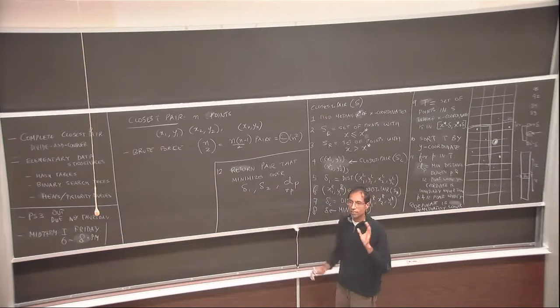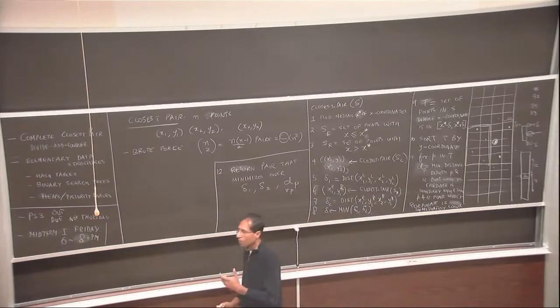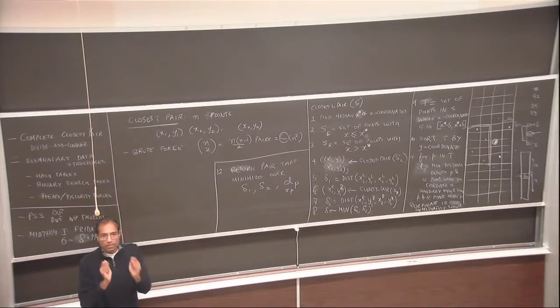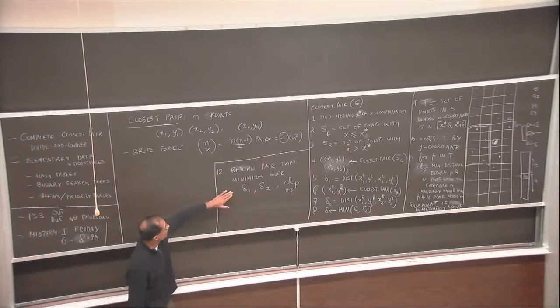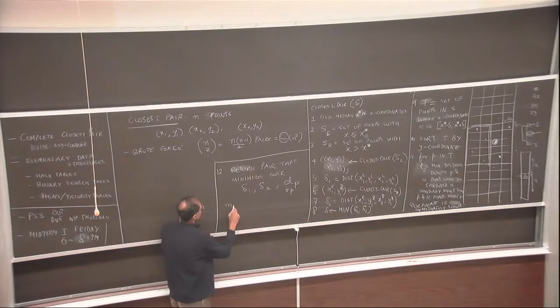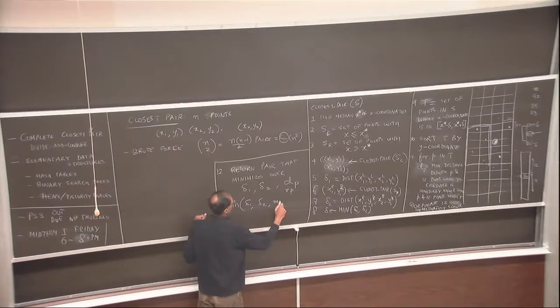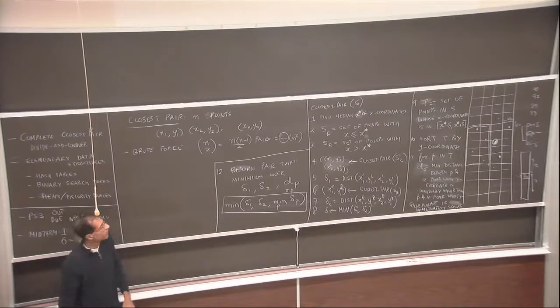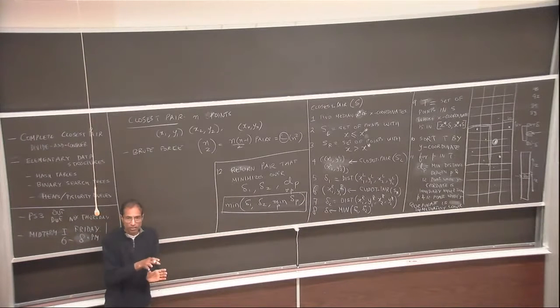Let's say our problem was just to find the minimum distance, not the actual points. In reality, most of the time you're interested in the points in addition to the distance. But if our question was just return the minimum distance, then I could have simply written return minimum of delta 1, delta 2, and the minimum of all dP. I could just write the number. But here I really want to keep track of which points are going to do it, right?